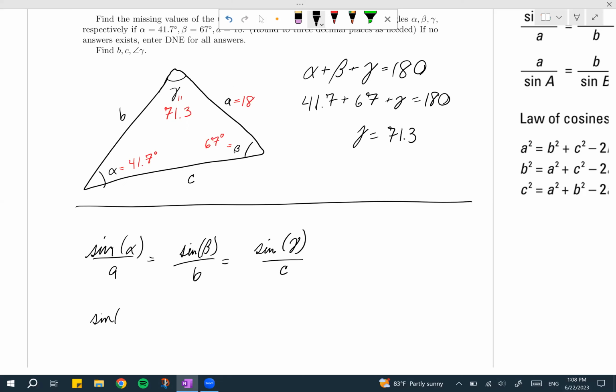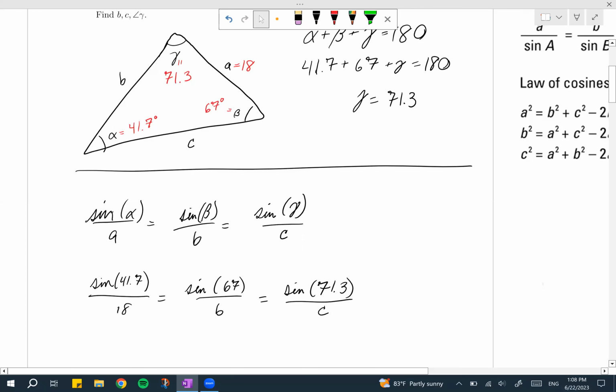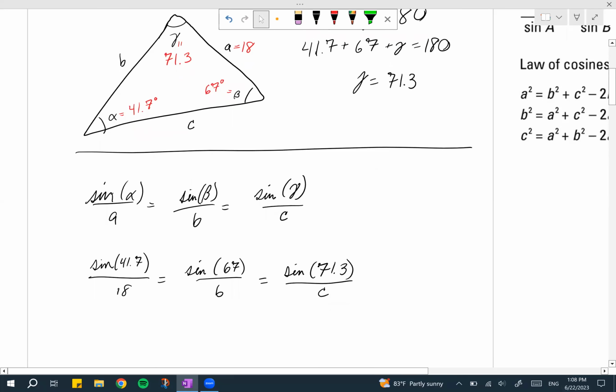Sine of 41.7 over 18 is equal to sine of 67 over B is equal to sine of 71.3 over C. Now I can use these to start figuring out B and C.